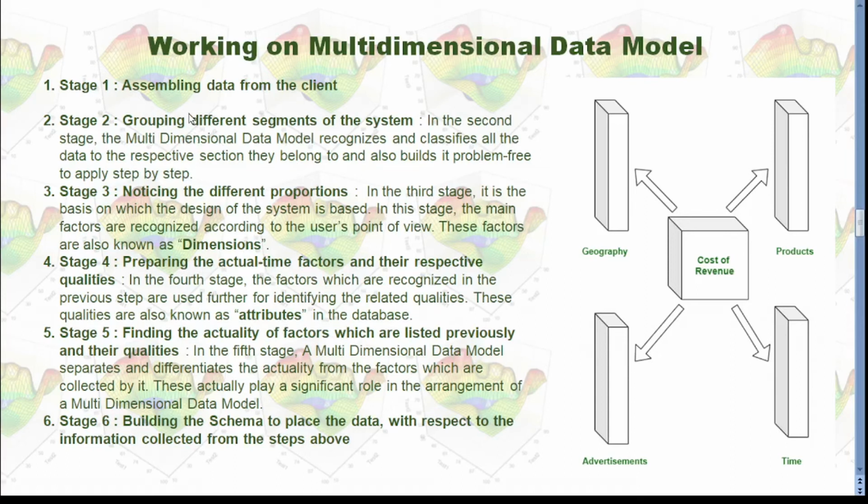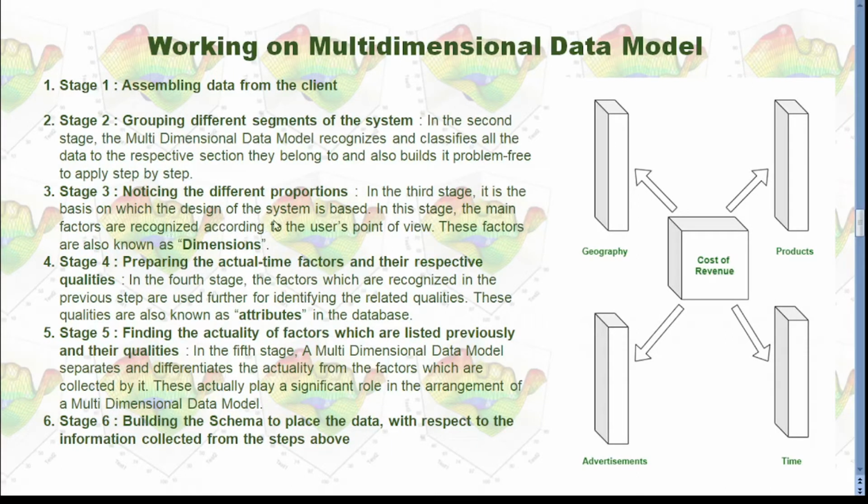When you work on a multidimensional data model, there are several steps you must follow. Stage 1: first, you need to assemble data from the client. Then you need to group different segments of the system. Then you need to notice the different proportions.